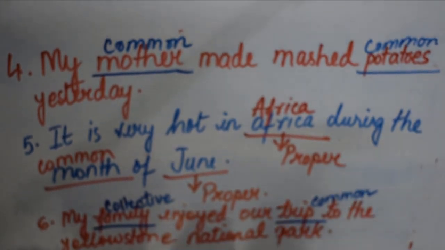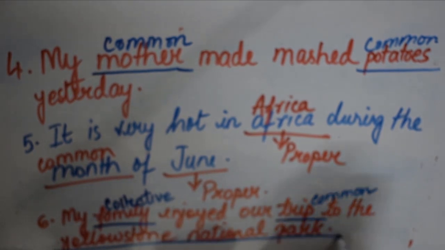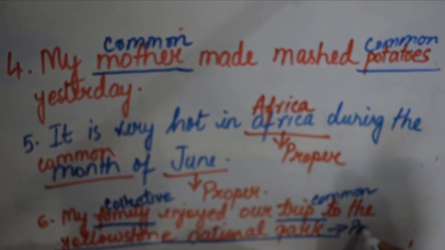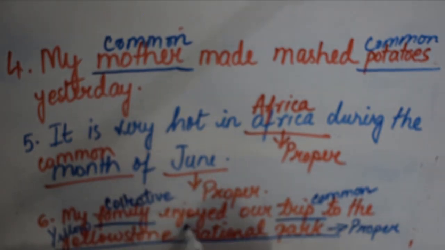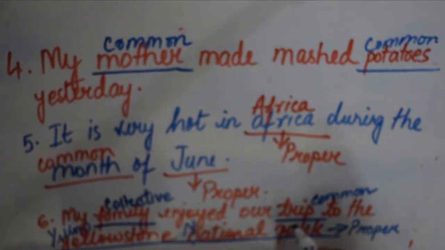Okay, and this entire name will be underlined because Yellowstone National Park is together the name of the particular park. So this is a proper noun, and all the three words will be written with a capital letter: Yellowstone, Y capital, National, N capital, and Park, P capital.